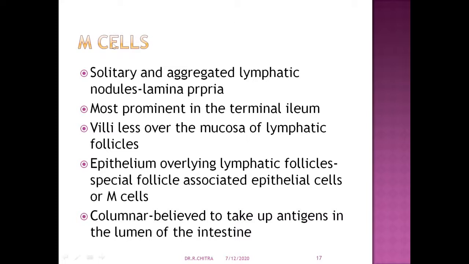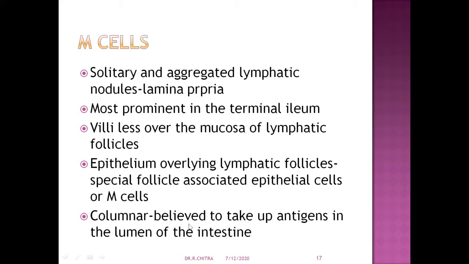Even we have the M cells. So M cells, they are present most prominent in the terminal ileum. So villi will be less over the mucosa of the lymphatic follicles in the terminal ileum. So this epithelium overlying these lymphatic follicles will contain special follicle associated epithelial cells or M cells.